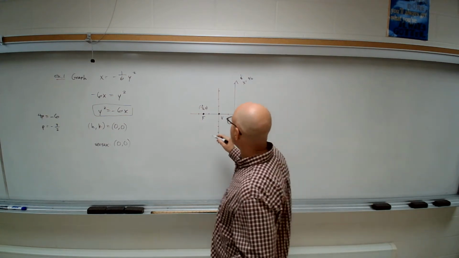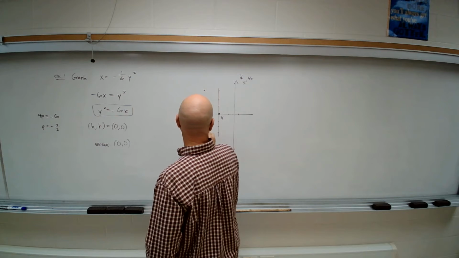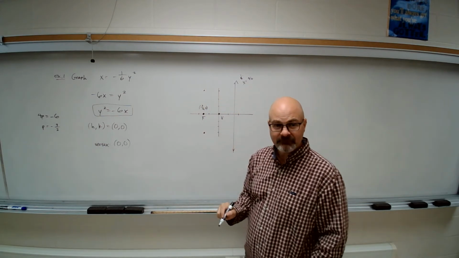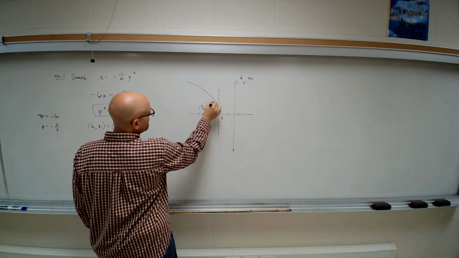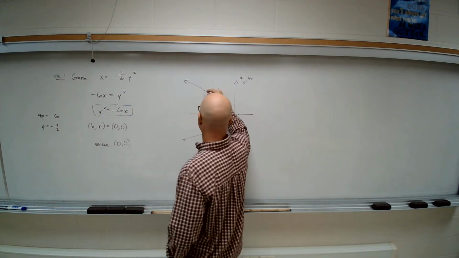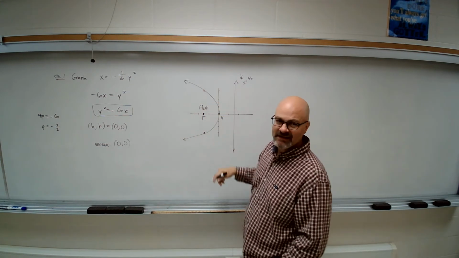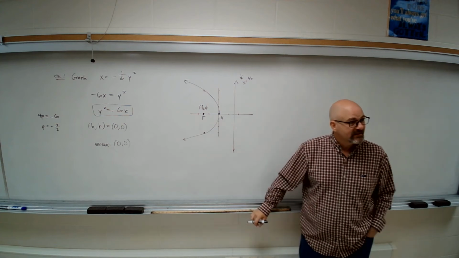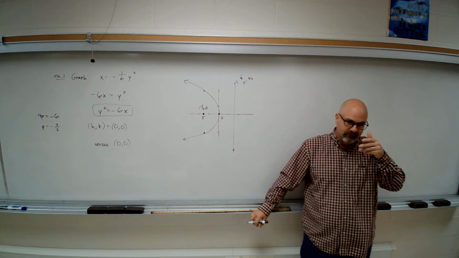So from the focus, I'm going to go up 3 units, and I'm going to go down 3 units, and those points are going to be on the parabola. And that is going to look like that. So the focal diameter is just the distance between these 2 points. So it's just a really nice way to get a pretty accurate graph by using that versus just sort of freehanding it.